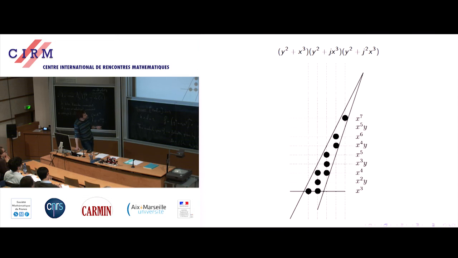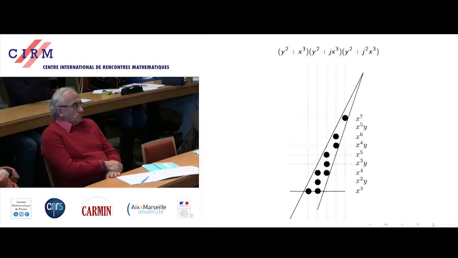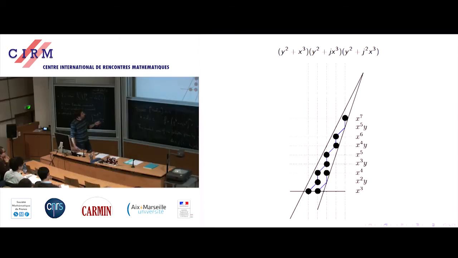And then you can associate to each point of this picture some monomial terms. I have no time to explain how, but then you can play another kind of topological game that partitions this set of points into two families which are linked by this kind of path. And from this picture, you can build normal forms for this situation.